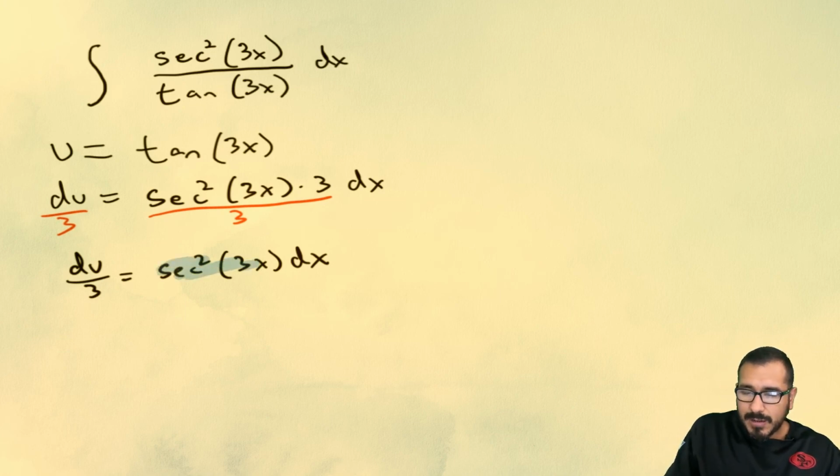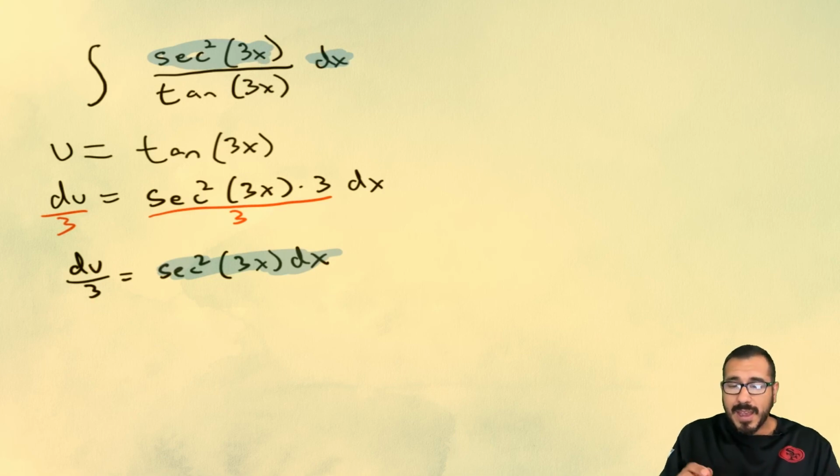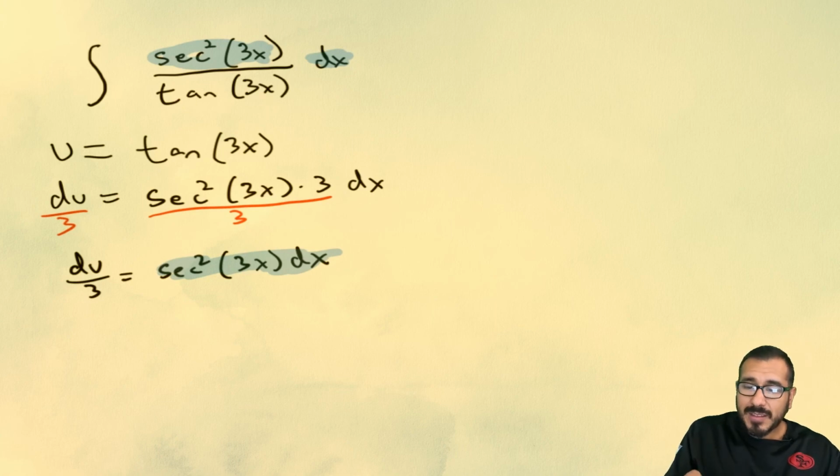This right here, we could see when we do that substitution is right there. And we're going to substitute that with du over 3 because that's what it equals. All right, and then wherever we see tangent of 3x, we're going to replace that with u. So let's go ahead and substitute everything in and let's see what we get.